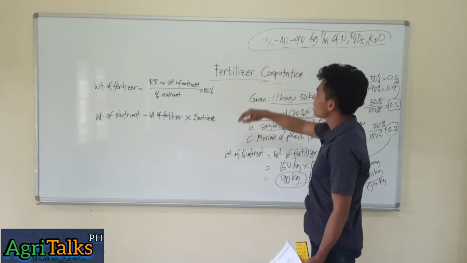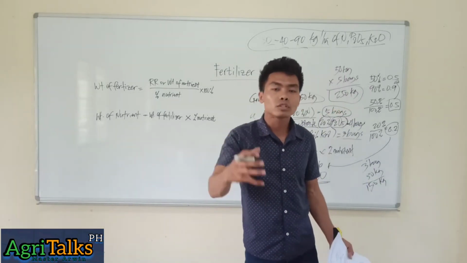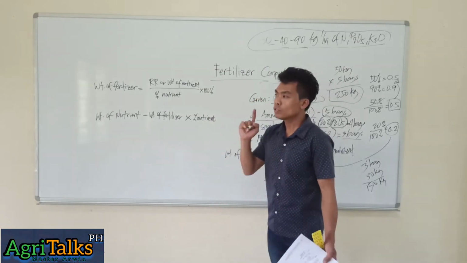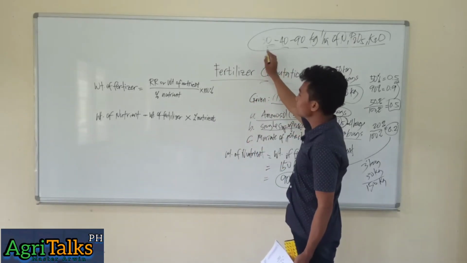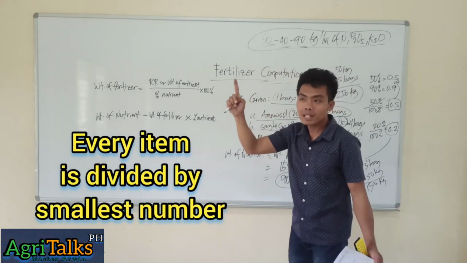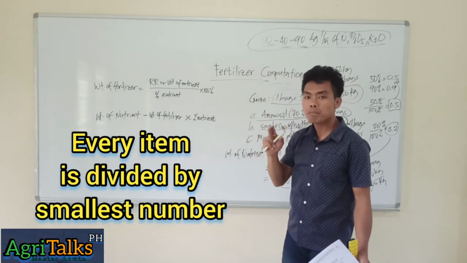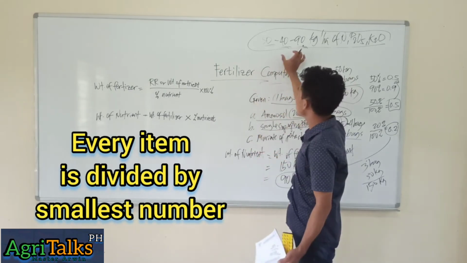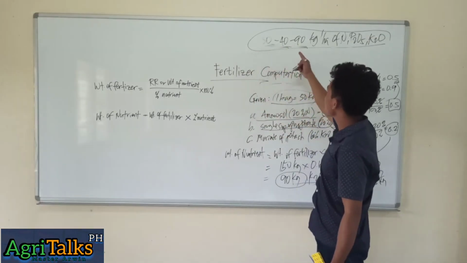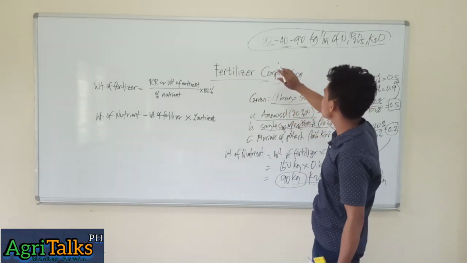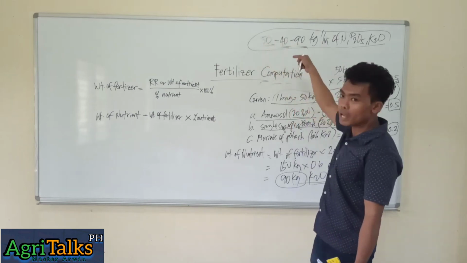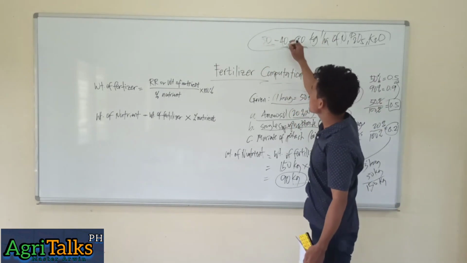If you want to ratio your items, everyone should be divided by the smallest number from the items. So here, the smallest number is 40, since the first is 50, the second is 40 and 90.